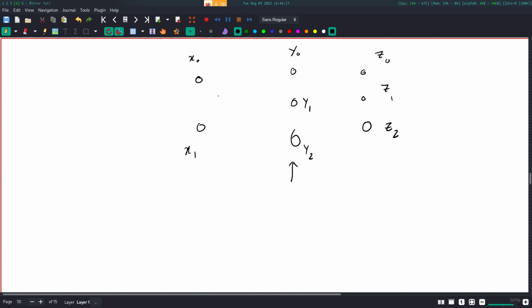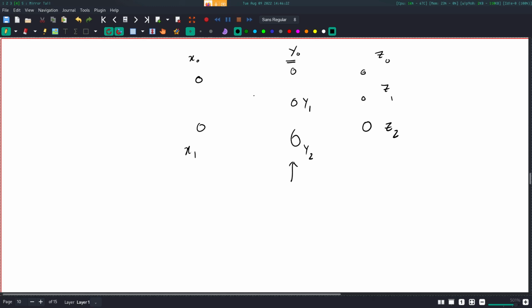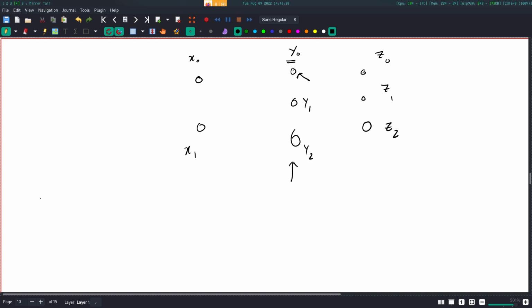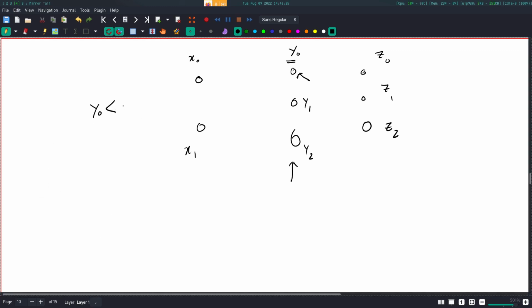Now what we know is that y0 is going to be the input to this particular node's activation function, right? So what we need to say is that y0 is going to be less than -1. If y0 is less than -1, then this particular node lies in region number 1.